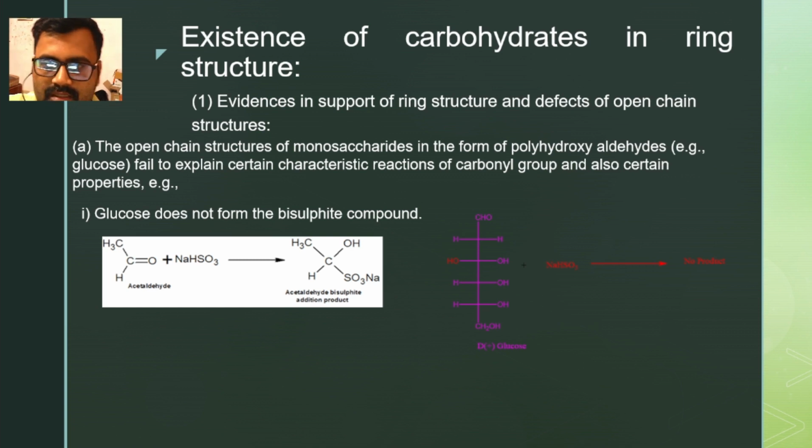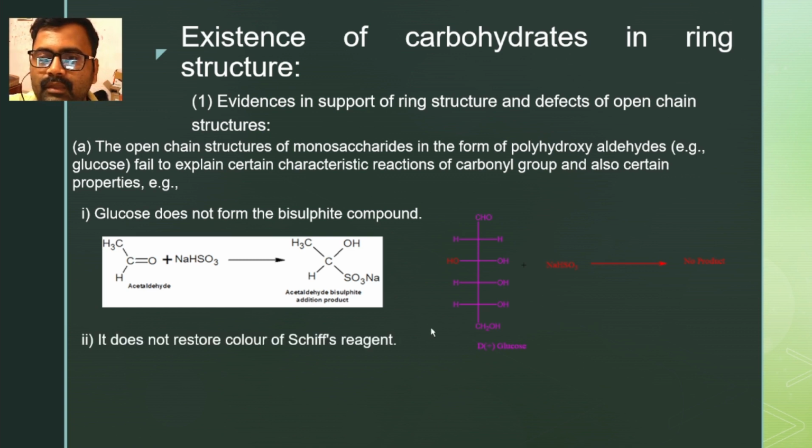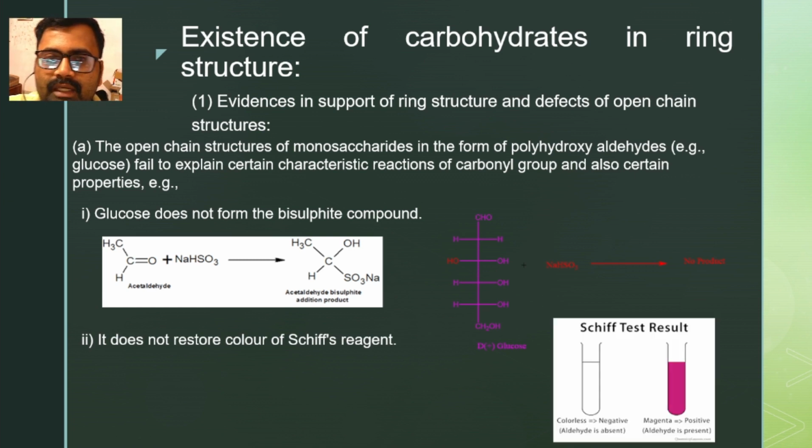Another characteristic test of the aldehyde is restoring the pink or magenta color of the Schiff's reagent. So when a normal aldehyde is treated with the Schiff's reagent, there is a restoring of either pink color or magenta color.